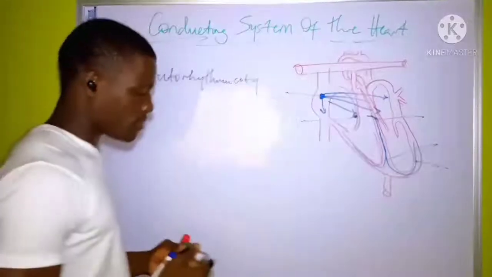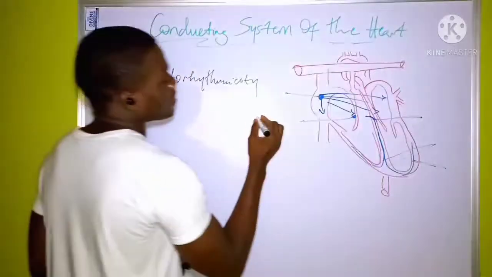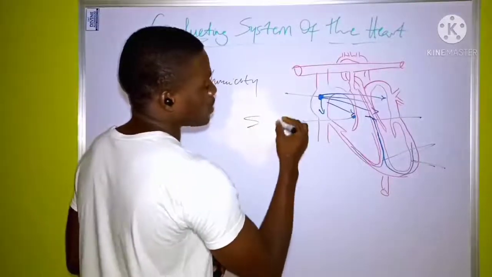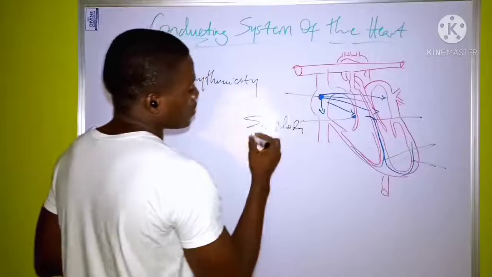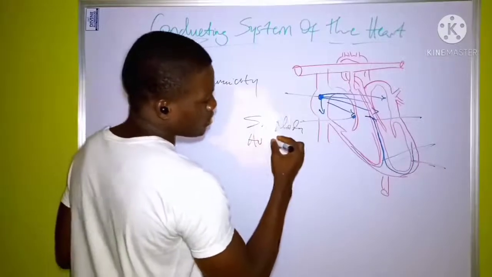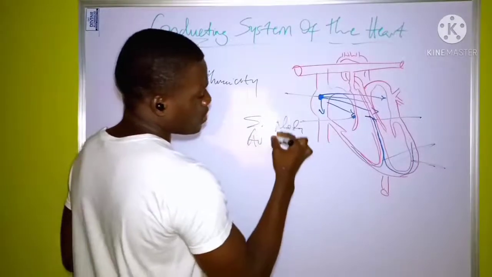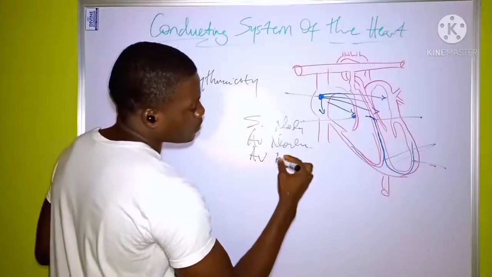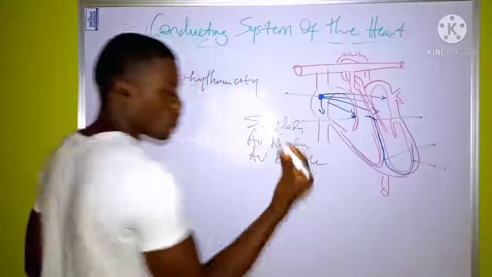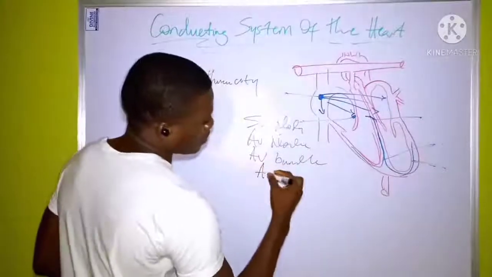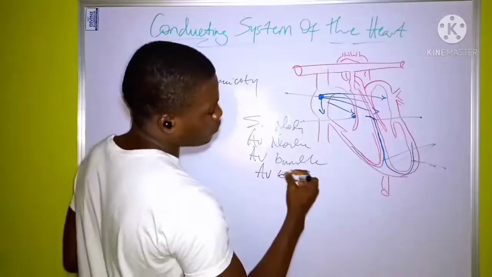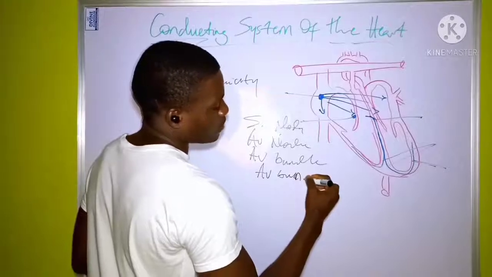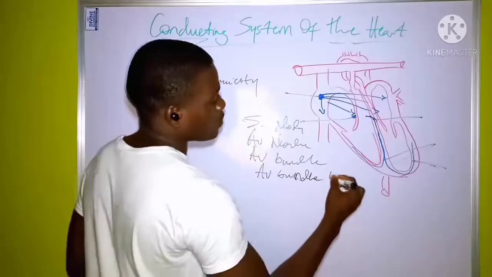And this autorhythmicity is carried out by some specialized cells which are referred to as the sinoatrial node, written for short as the SA node, the atrioventricular node, written for short as the AV node, the atrioventricular bundle, also called the bundle of His, the atrioventricular bundle branches, that is the branch of the atrioventricular bundle.